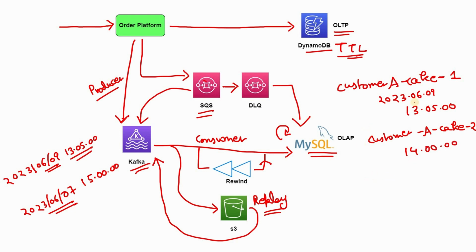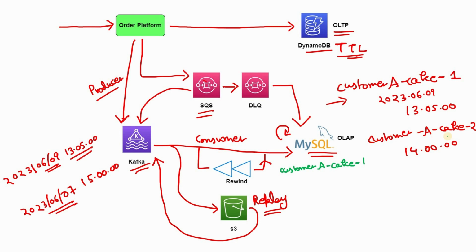So initially, when the customer made this order for the first time from the order platform, suppose it went to Kafka and got written to MySQL successfully. So in MySQL, it will have the customer ID, that is customer A, the order name, that is cake, and the order quantity, that is 1.